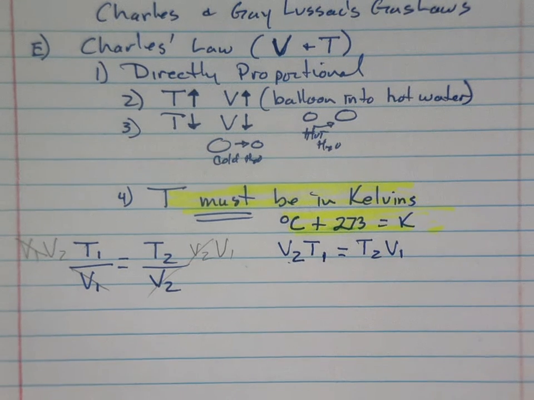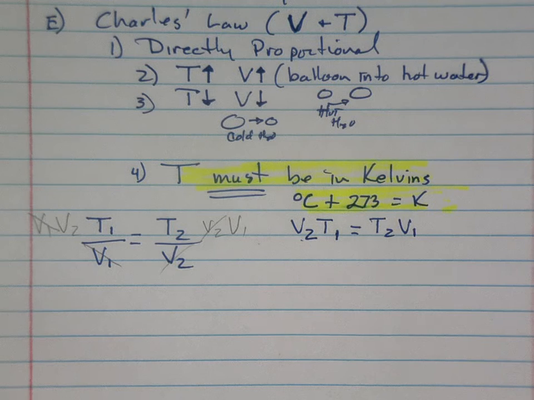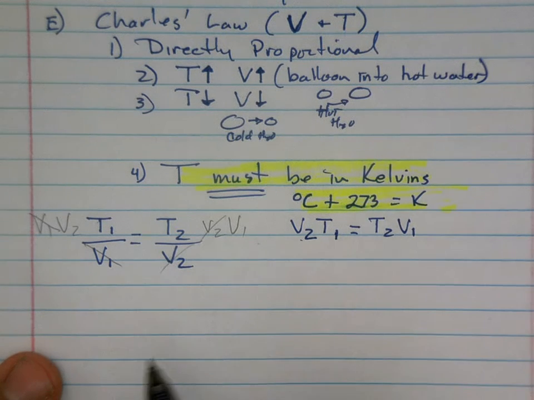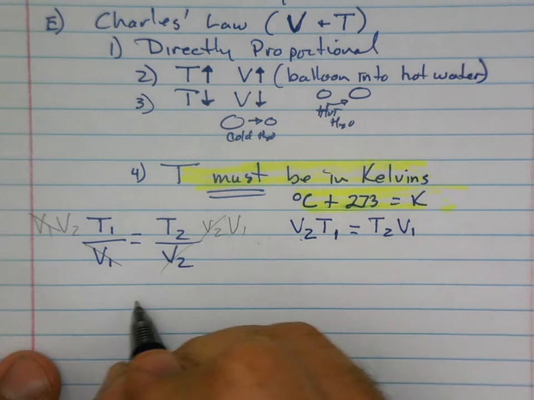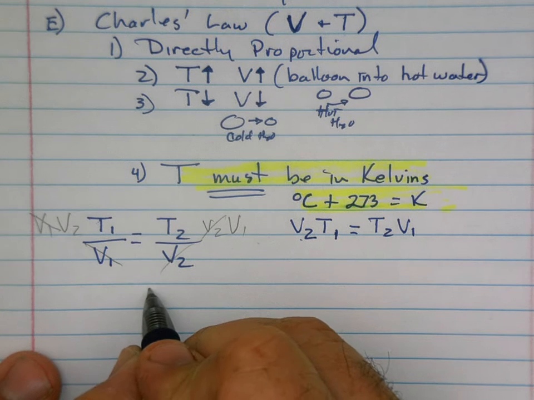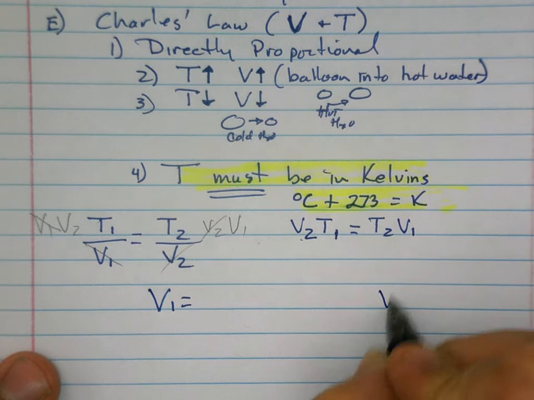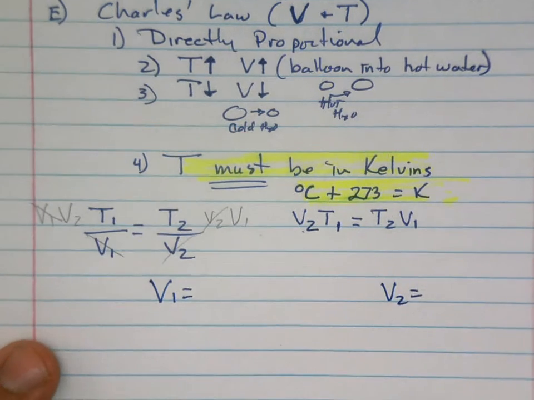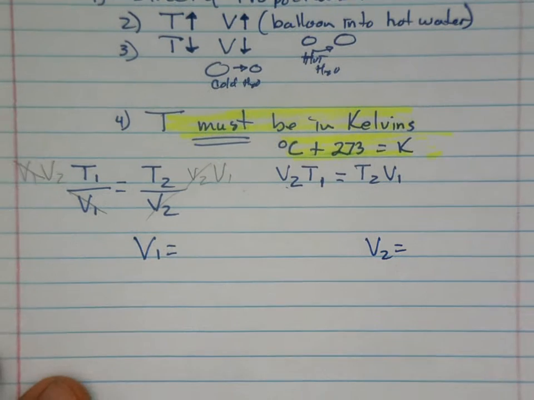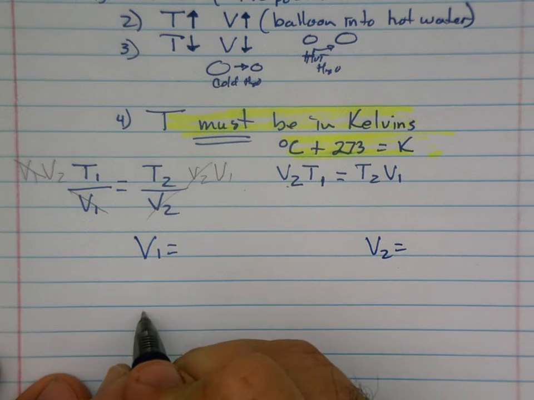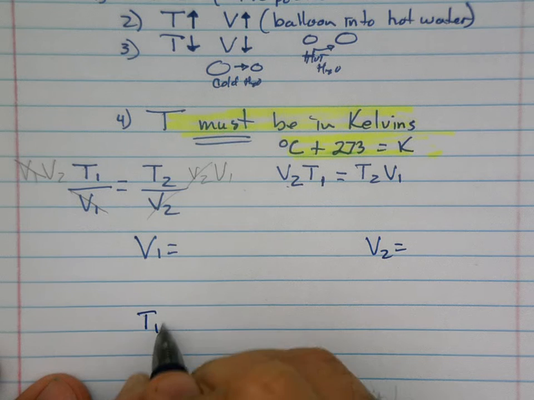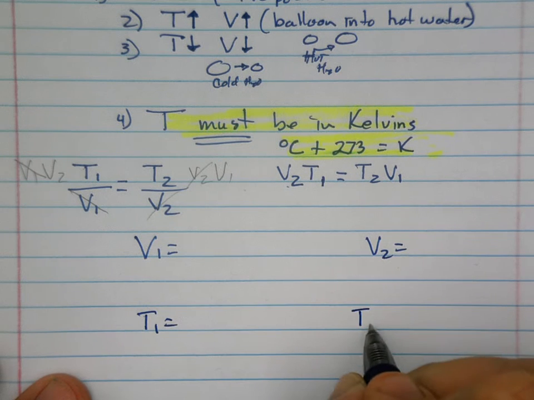So what I'd like you to do is take a moment, and we need to all solve, let's do volume 1 equals, volume 2 equals, just like we did with Boyle's law. I'm going to have you whiteboard these out. And down here we'll do temperature 1 equals and temperature 2 equals.